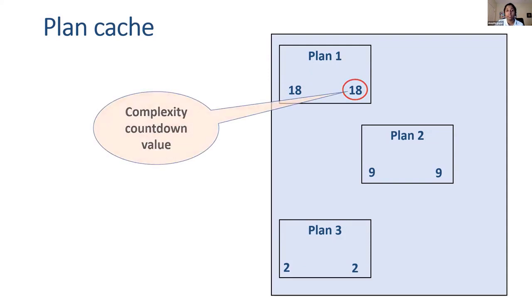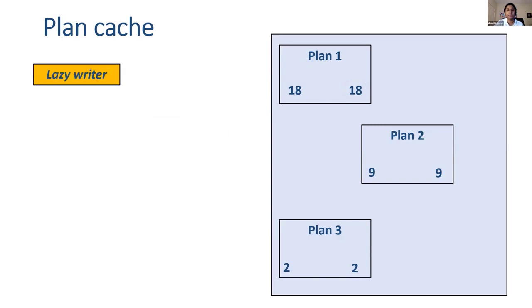The lazy writer kicks in every minute, automatically, and checks if any execution plan was recently used. In my example, none of them were used, so the lazy writer decrements by 1 the complexity countdown value on the right side.